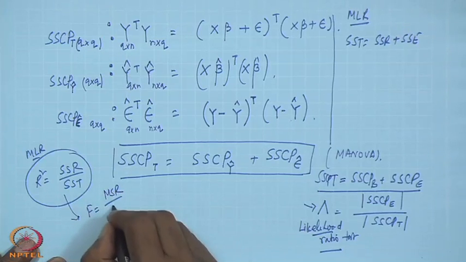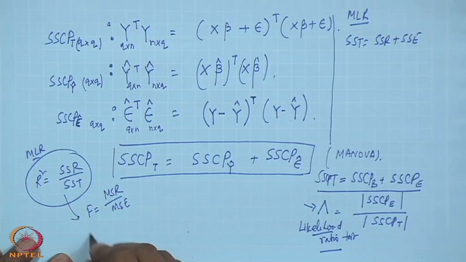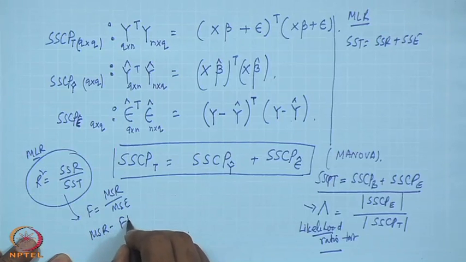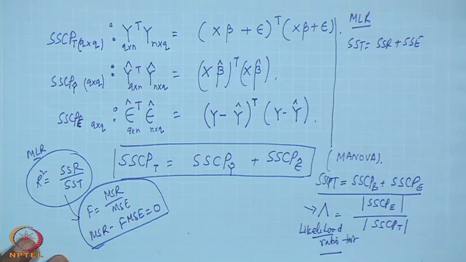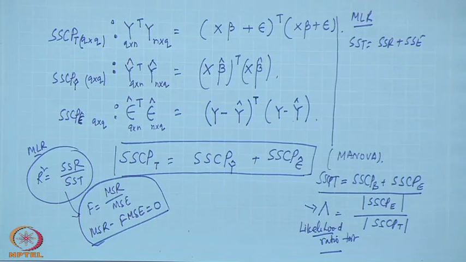But yes, there are some other measures which were derived based on the F ratio, F statistics point of view, that is MSR by MSE. In the ANOVA table you found that F equal to MSR by MSE. So, MSR minus F MSE equal to 0. This type of relationship can be used and we will find some measures with respect to this.